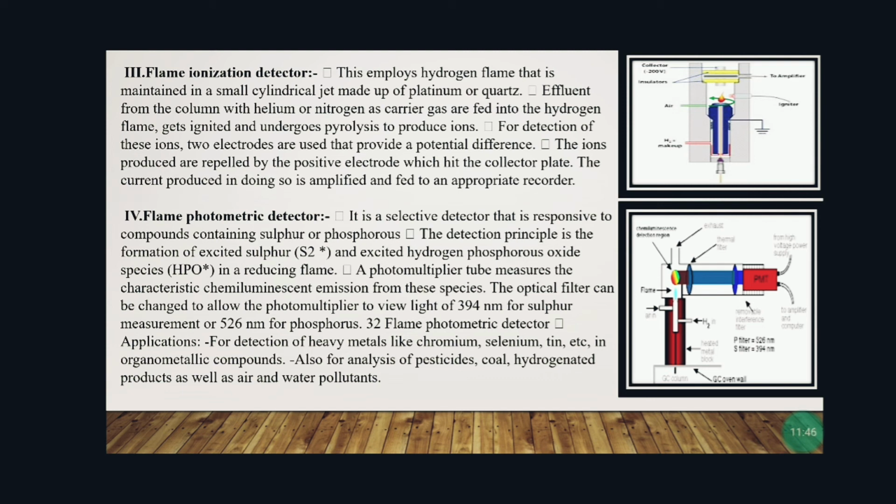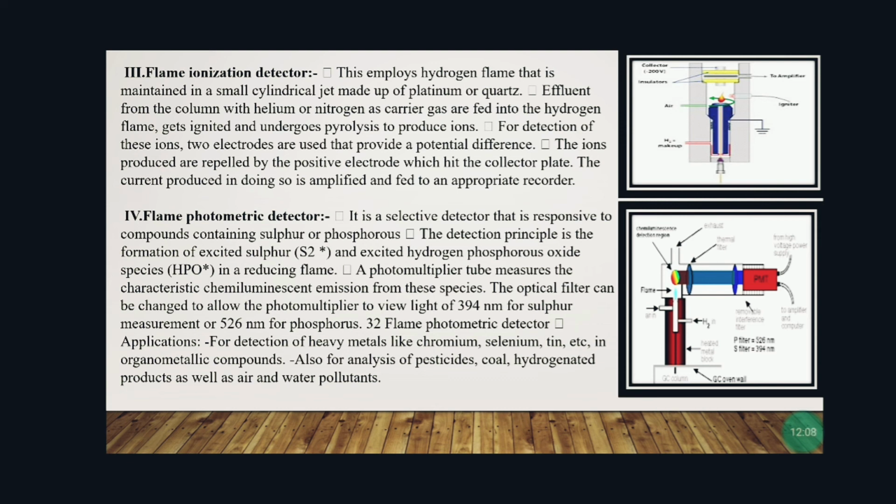Fourth and the last one is flame photometric detector. It is a selective detector that is responsive to compounds containing sulfur or phosphorus. The detection principle is the formation of excited sulfur and excited hydrogen phosphorus oxide species in a reducing flame. A photomultiplier tube measures the characteristic chemiluminescent emission from these species.